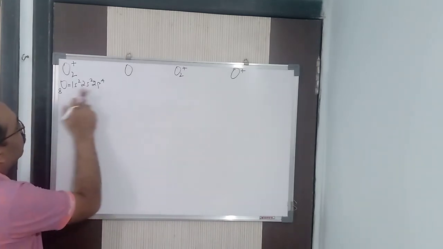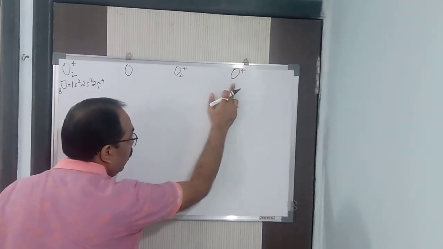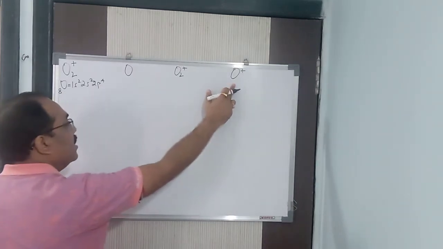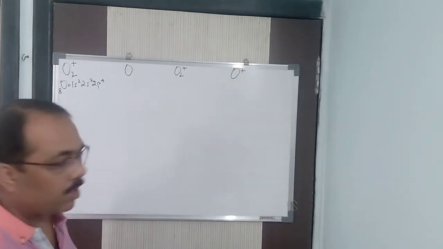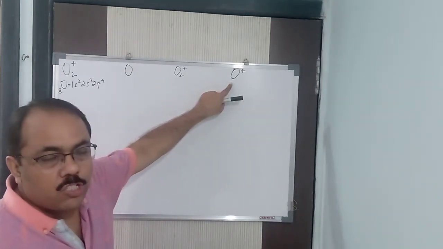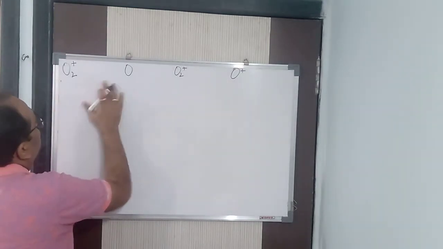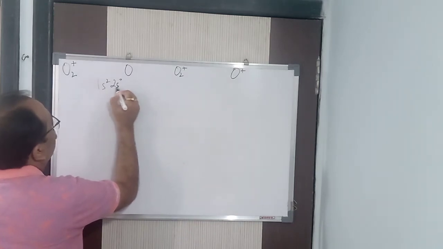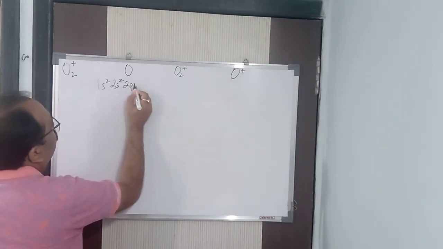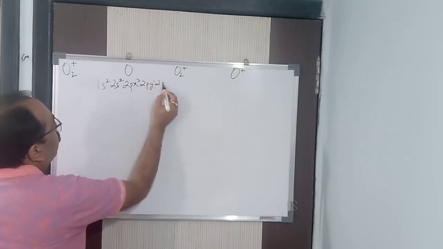Here how many electrons are there? It is 8 electrons for oxygen and there it will be 7 electrons. Let me write it: 1s2, 2s2, then 2px2, 2py1 and 2pz1.